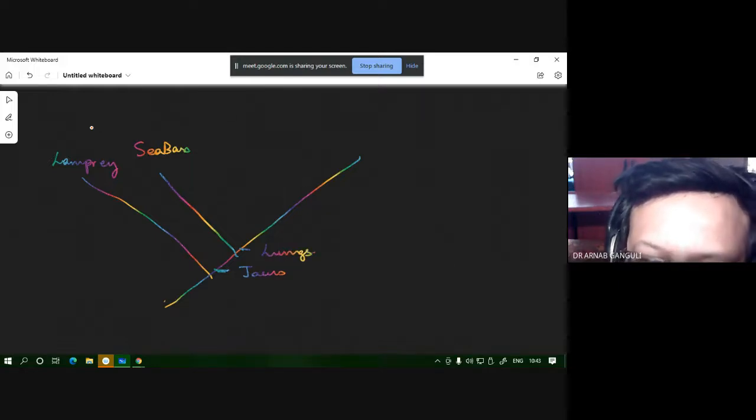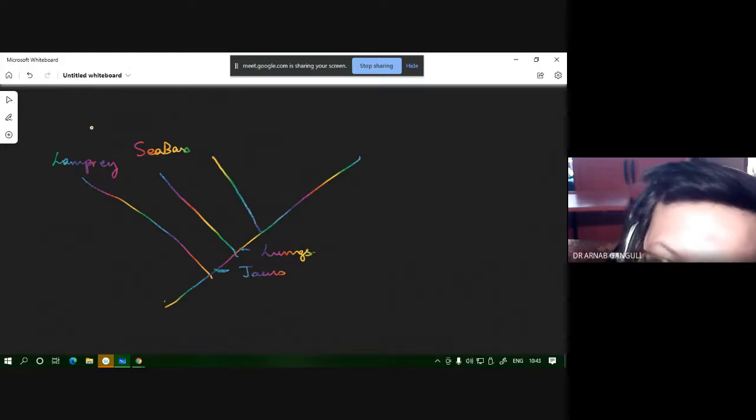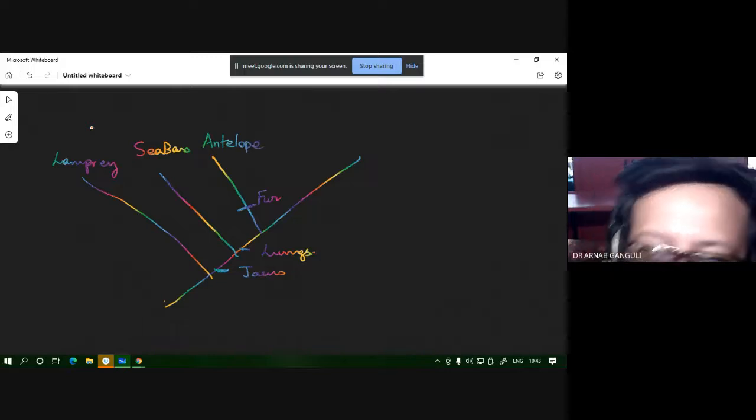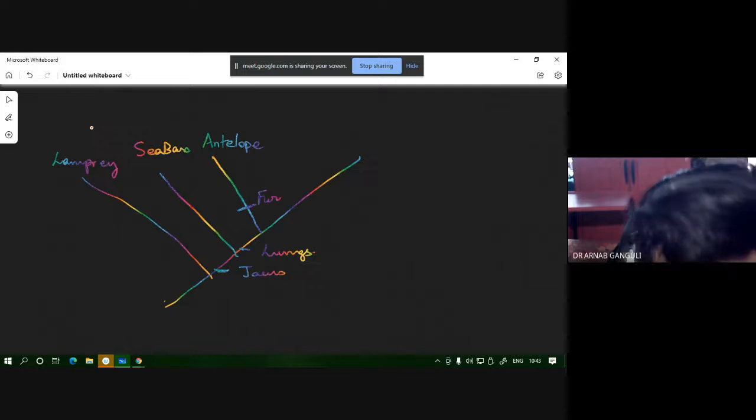Sea bass আলাদা হয়ে গেল because of lungs. Now lungs আছে, এবারে সব আলাদা আলাদা আসছে। This is fur. This is antelope, which is the nearest neighbor.